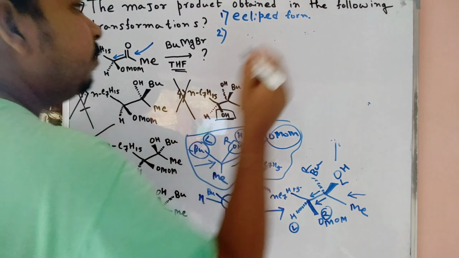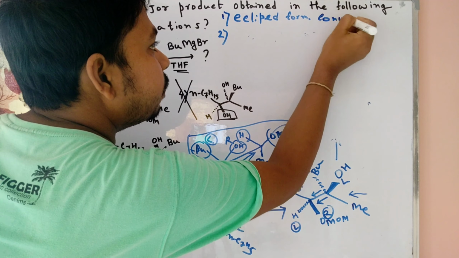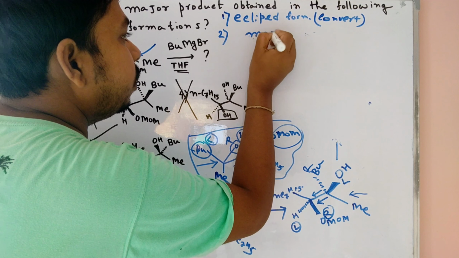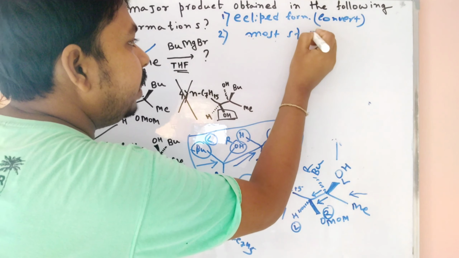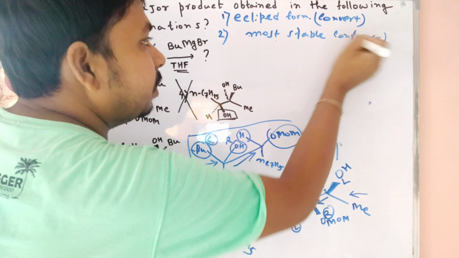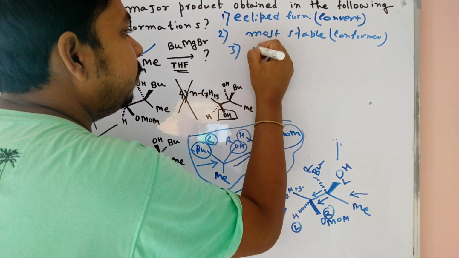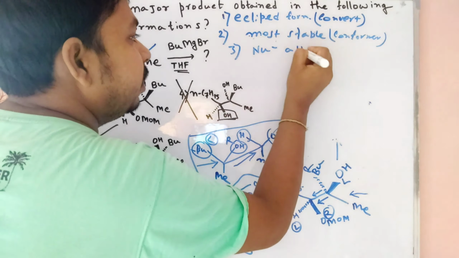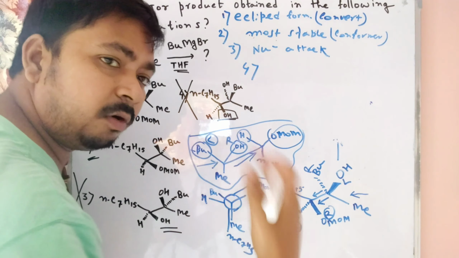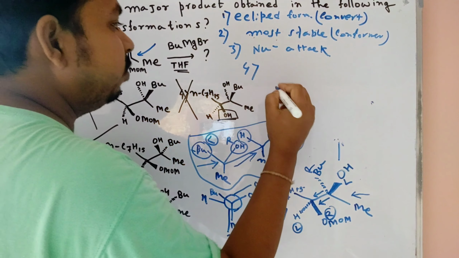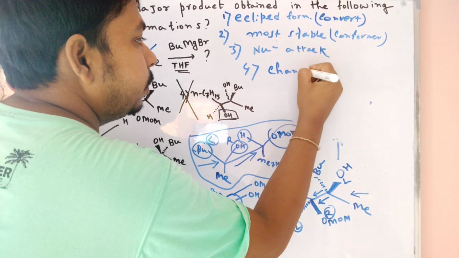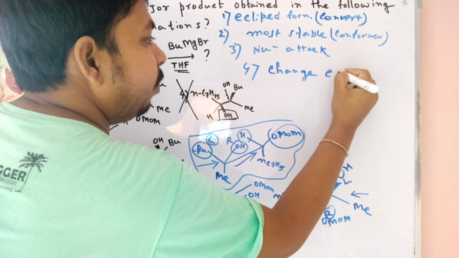So at first you convert to the eclipsed form, and second is the most stable conformer. Then the third step we also do here, nucleophilic attack, and our fourth step we also do after nucleophilic attack, change to the eclipsed form.